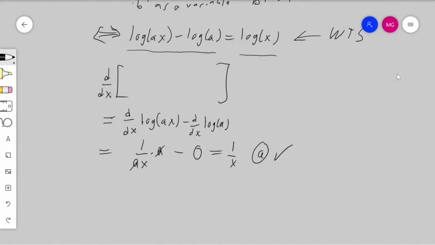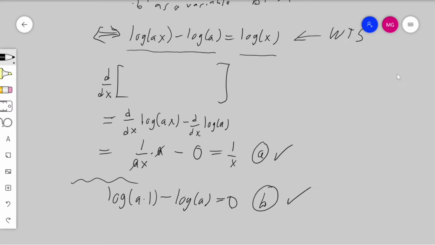So now let's find out what happens when you plug in 1, because that's the other property. What we want to have happen is we want this to equal 0. So now, I'll just put a line here to separate. So log of a times 1, minus log of a, this obviously is equal to 0. And so that means that property b has been satisfied.